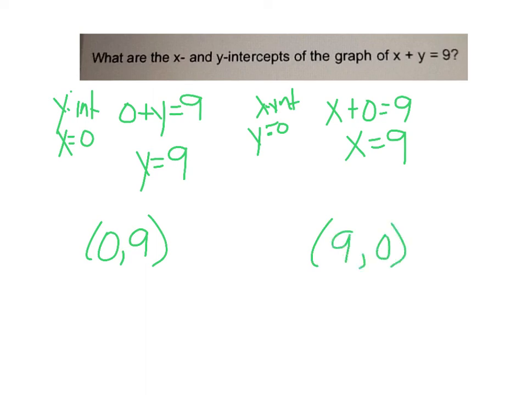Plug in 0 for x in order to find the y-intercept. Plug in 0 for y in order to find the x-intercept. Take your time, talk through the problems, show your work. It would be helpful every time you write it out to say which 0 you're plugging in for, like I did in all of our examples. Good luck.